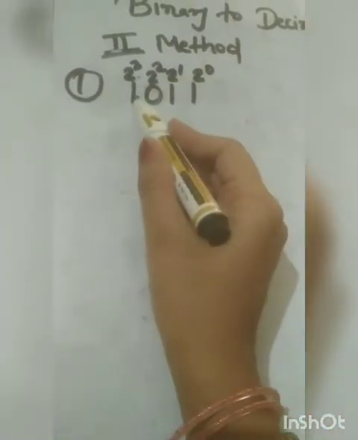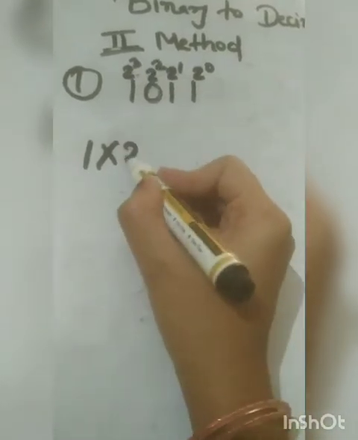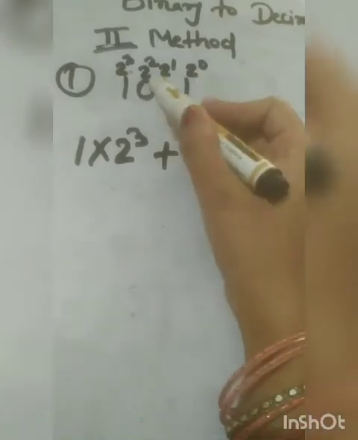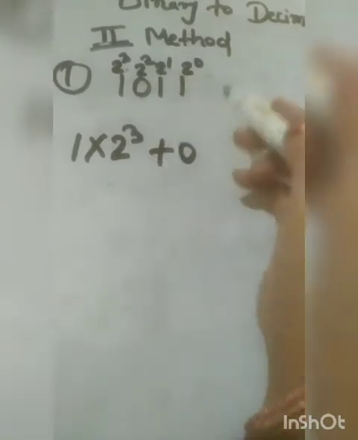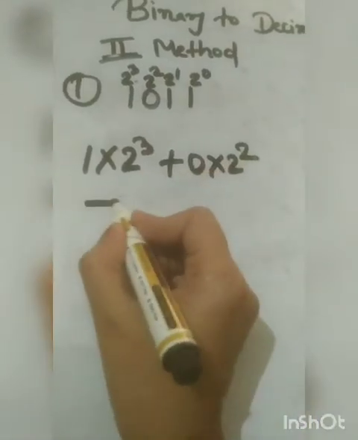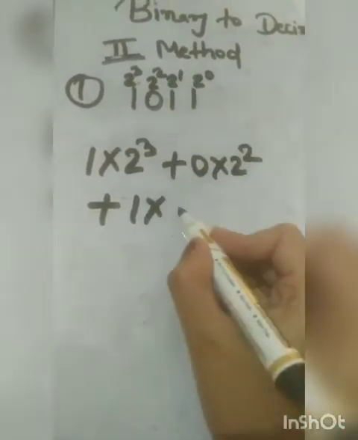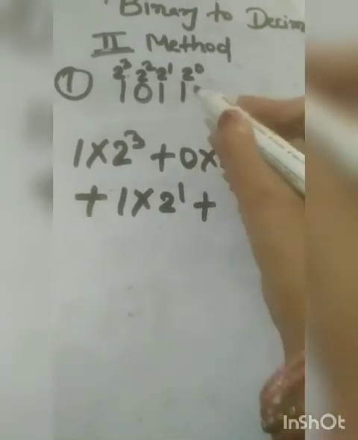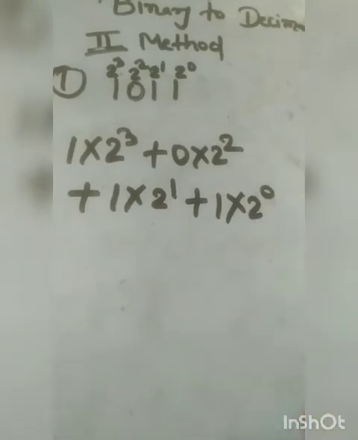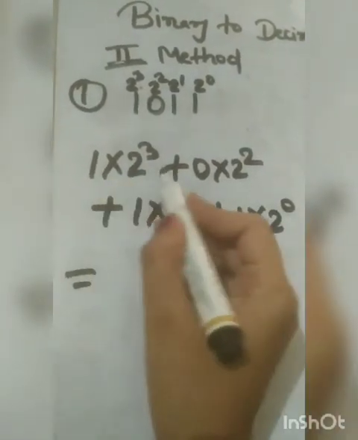Write 1, multiply with 2 cube, plus write 0, multiply with 2 square, then plus 1, multiply with 2 to the power 1, and last, 1 multiplied with 2 to the power 0. So now it's simple, and then it's easy to solve.